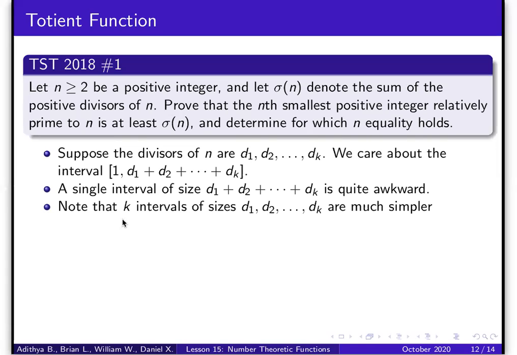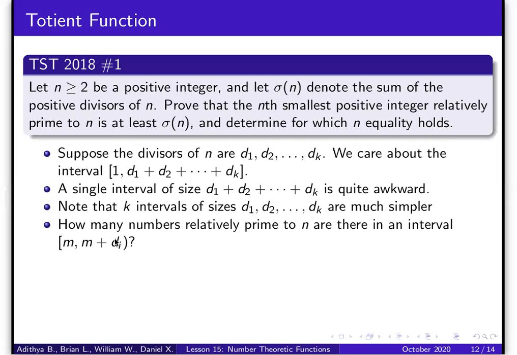Then d1 plus d2 plus 1 all the way to d1 plus d2 plus d3, and so forth. So in this way, we split up our interval into k smaller intervals. So now let's just consider one of the intervals, which ranges between m and m plus di for some m. So how many numbers relatively prime to n are there in this interval?